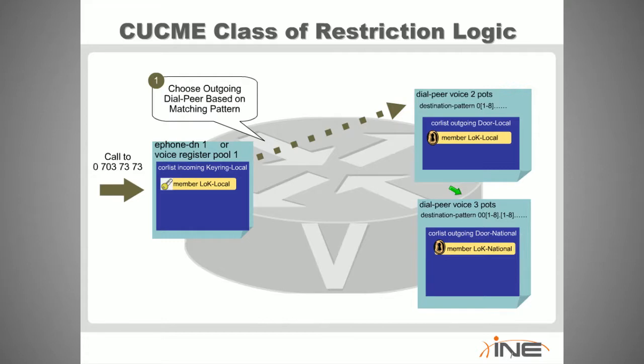Well, it would be matched if the number you dialed, the called number, matched the destination pattern. And debug VoIP dial peer will not show you anything in relation to class of restriction mapping or allow or disallow. So the point is the dial peer is always matched first. In this case, we're matching the POTS dial peer because our second digit is not 0. The POTS dial peer 2.